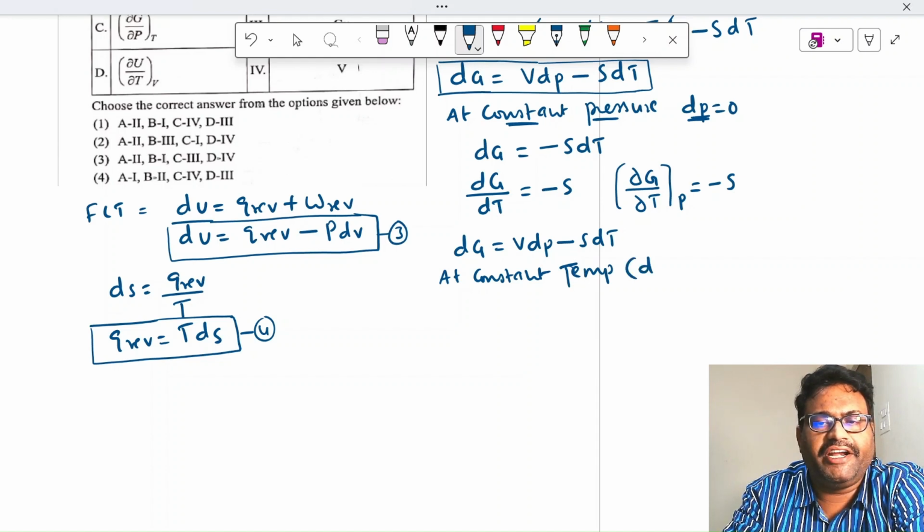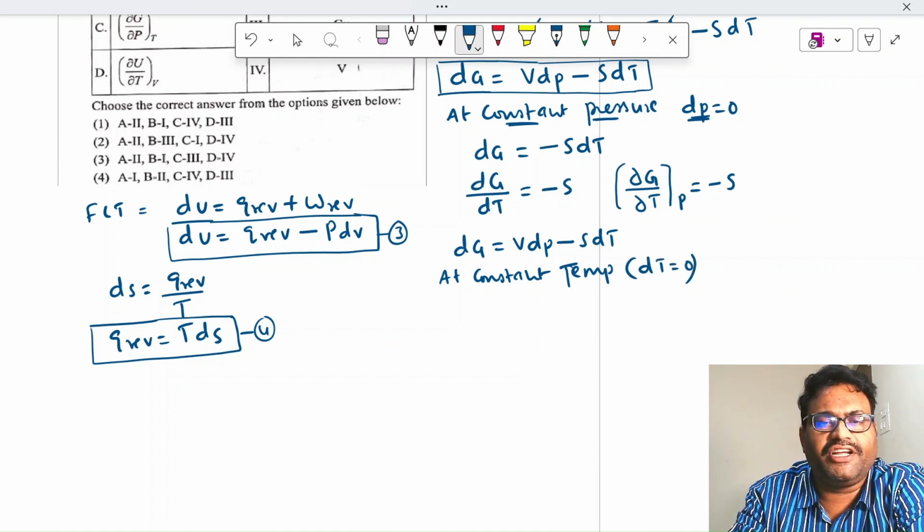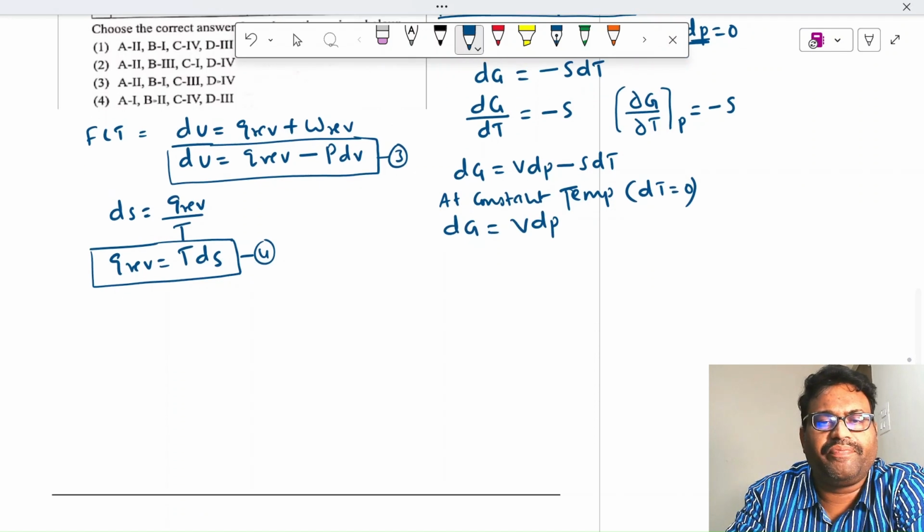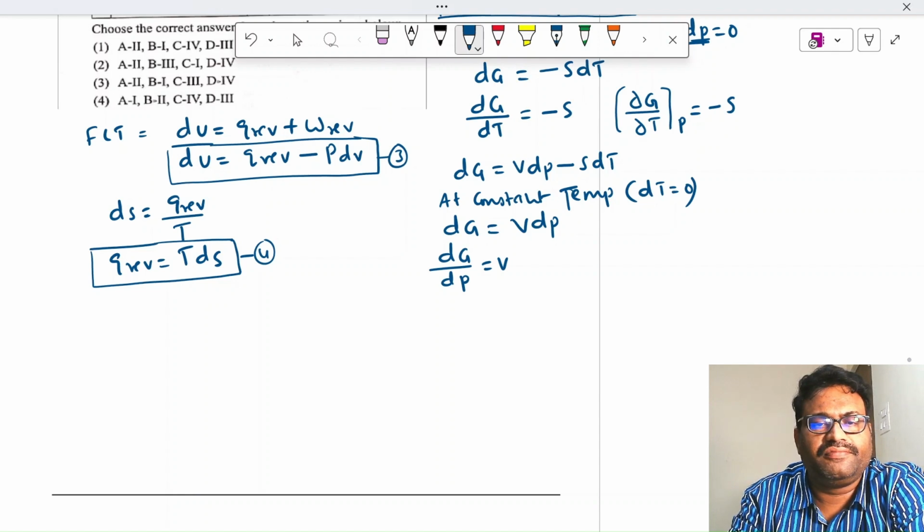That means dt is equal to 0. If dt is equal to 0, I can write dg is equal to v into dp. Okay. Then what I can write? dg by dp is equal to v. In another way, partial differentiation method, I can write del g by del p at constant temperature is equal to v.